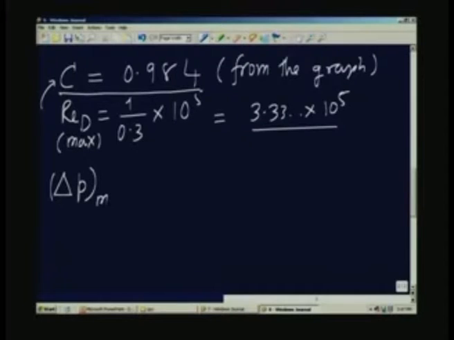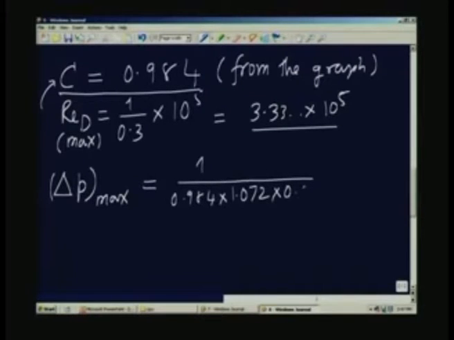So all I have to do is to substitute these values, and the value of delta P will be obtained. This we can call the maximum delta P obtained using this particular Venturi, and this will be 1 kg per second divided by 0.984 multiplied by 1.072, that is the velocity of approach factor, multiplied by 0.012, which is the area of the Venturi at the smallest section, whole square into 1 over 2 into 5.844, which is the density of the fluid.